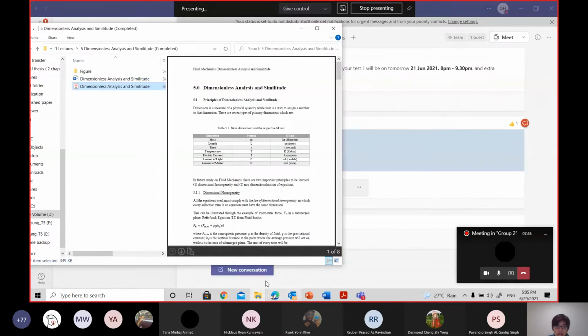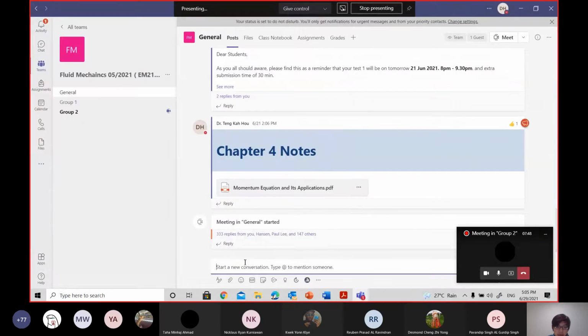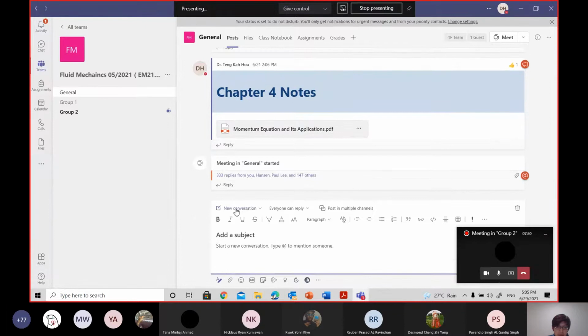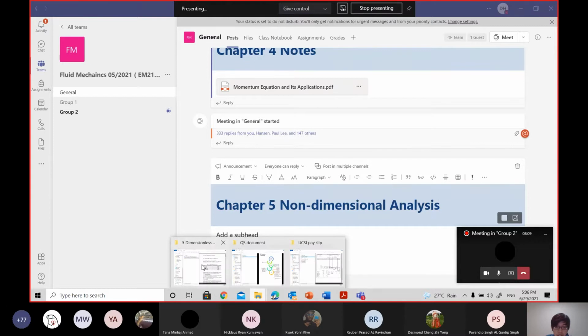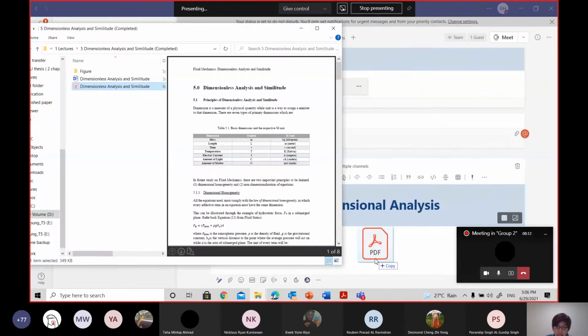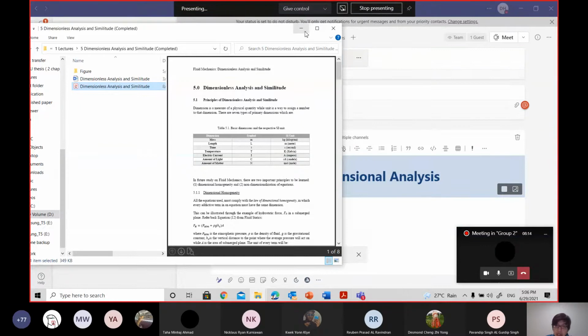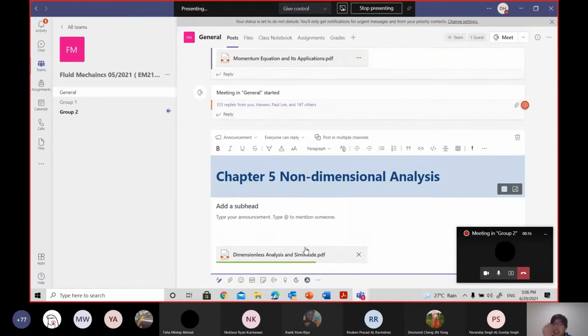So I'm going to share now, before I forget, the 5 non-dimensional indices. If you have time, you can refer to that first. Of course, I'm going to brief you and explain in detail from time to time.